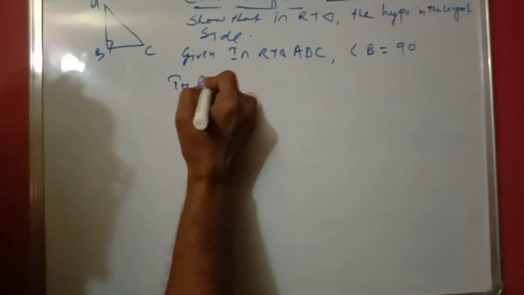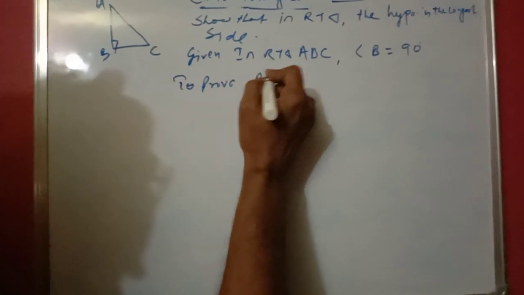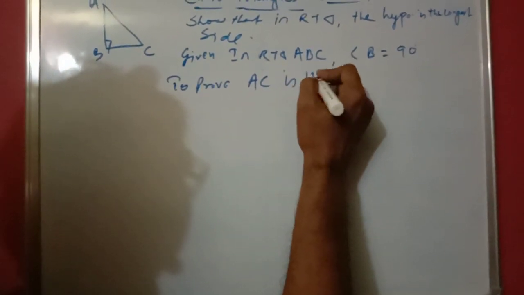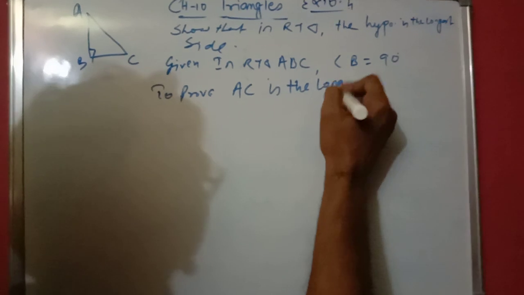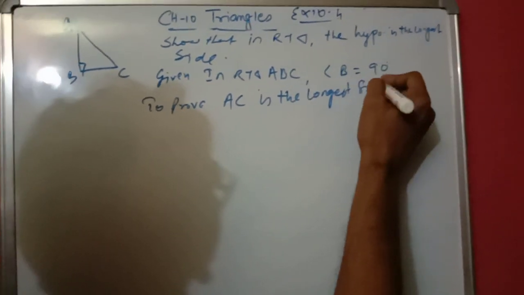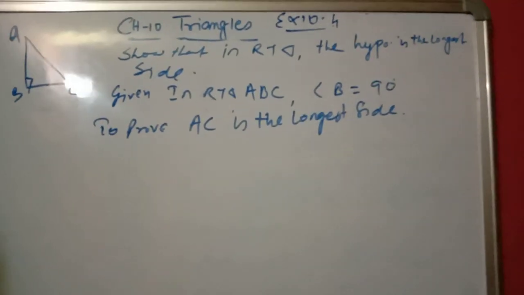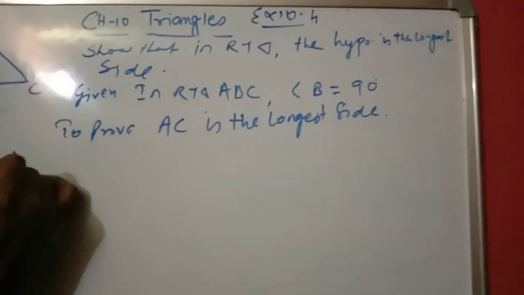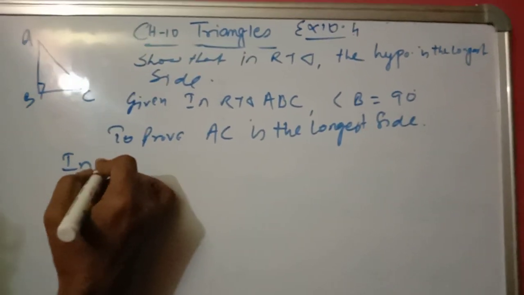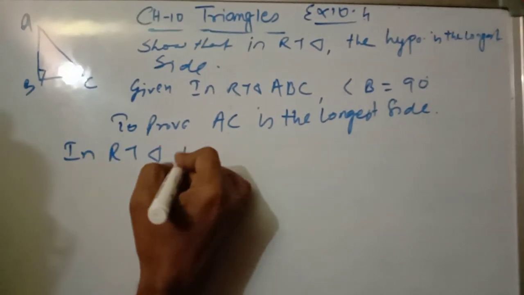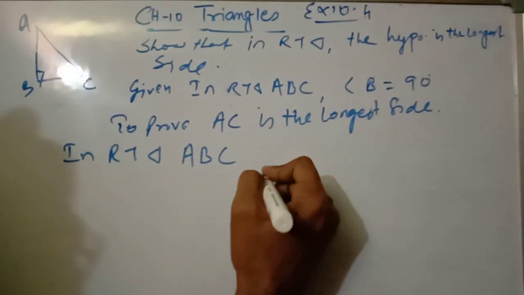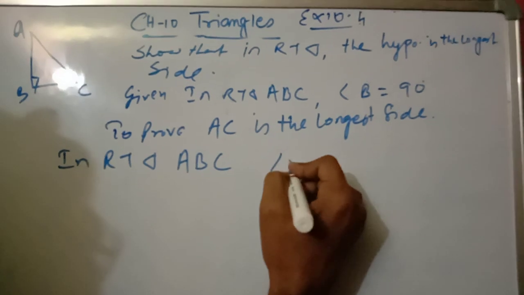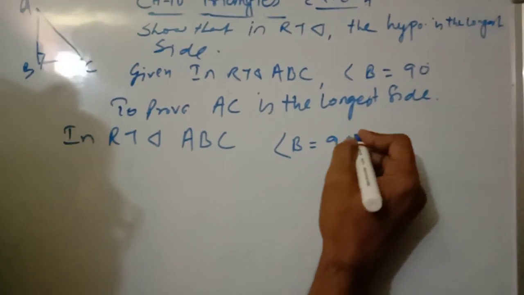To prove AC is the longest side. In right angle triangle ABC, angle B equals 90 degrees.